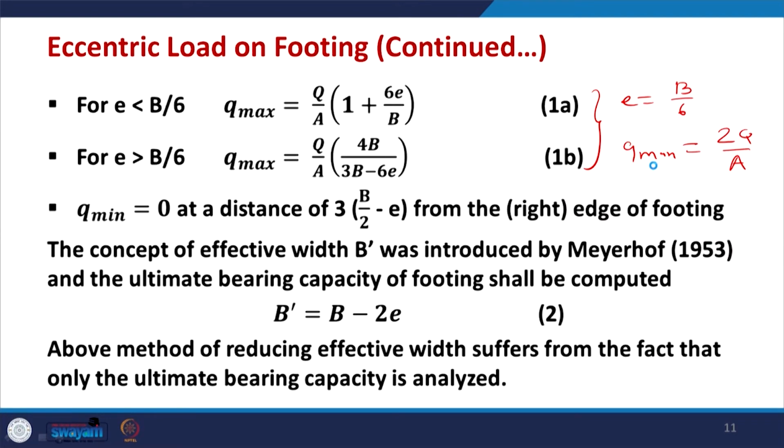The concept of effective width B dash, or B prime, was introduced by Meyerhof in 1953. Meyerhof gave a very simple philosophy for accounting for the effect of eccentricity in foundation design. He simply said to assume that your width of footing is reduced by 2 times the eccentricity.